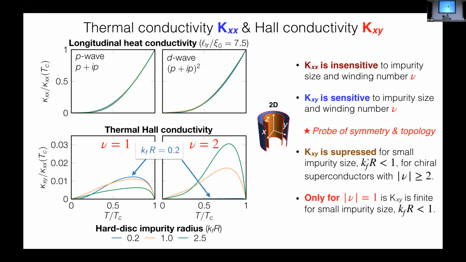So KXY is also suppressed if you compare it to the longitudinal conductivity as measured at TC. So here you see the characteristic signature and the temperature dependence of branch conversion scattering: linear onset, peak at intermediate temperatures, and then a decay depending upon the nature of the gap of the superconductor.